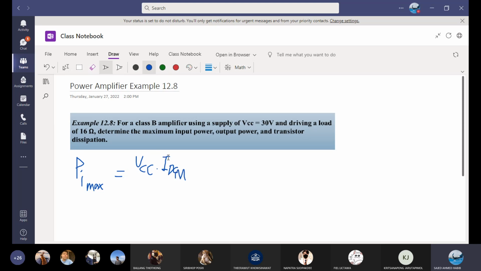When does maximum IDC happen? When the peak voltage is the same as VCC. So you can write it like this.